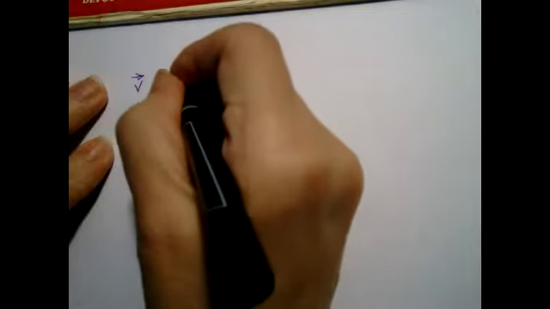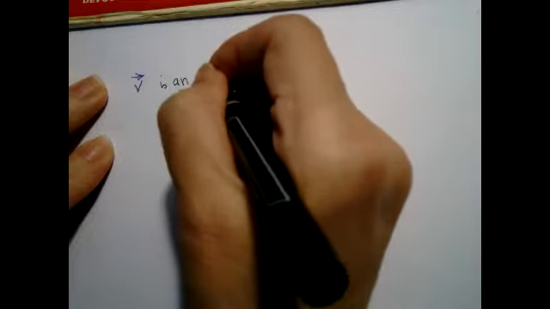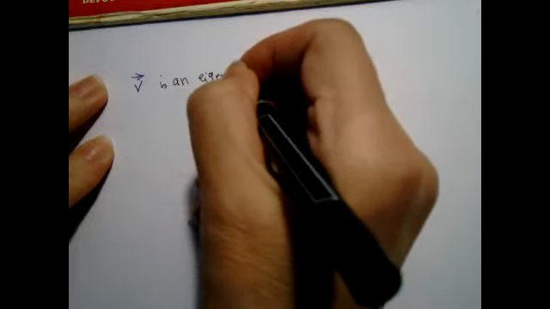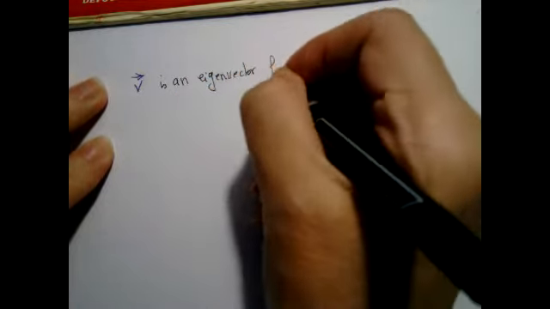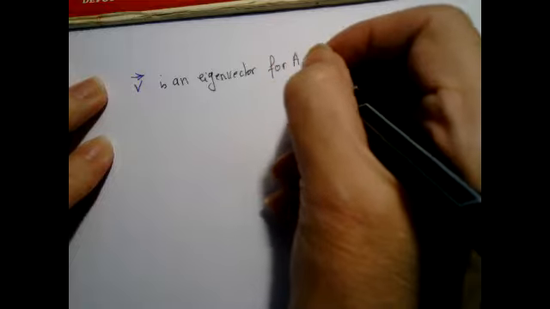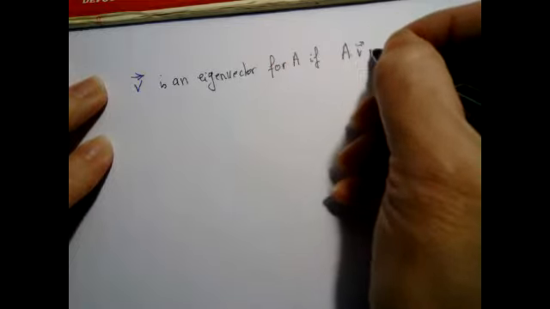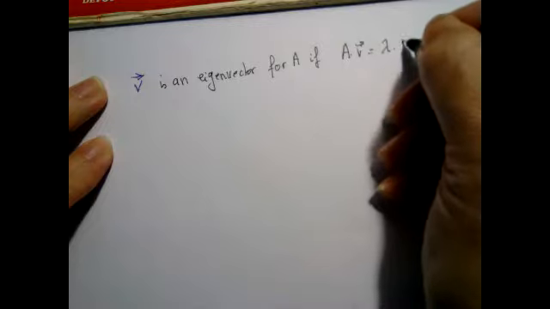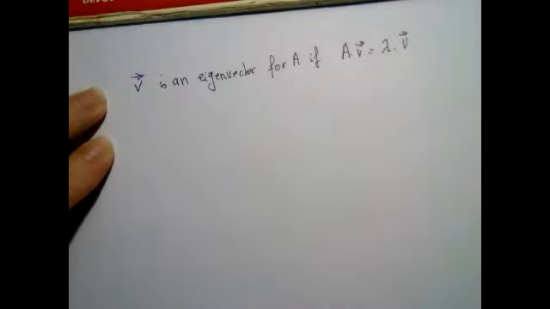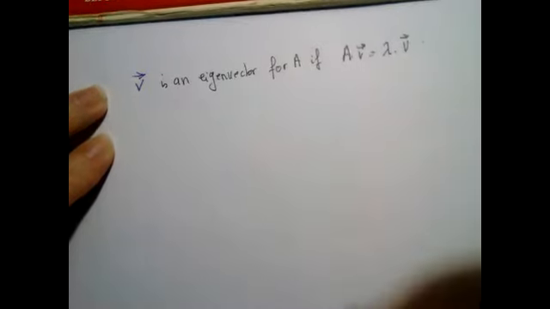So the vector V is an eigenvector for a matrix A if A times V is a certain scalar lambda times V. Okay, so that's the definition of the eigenvectors.